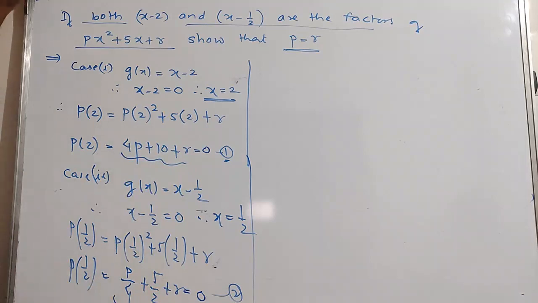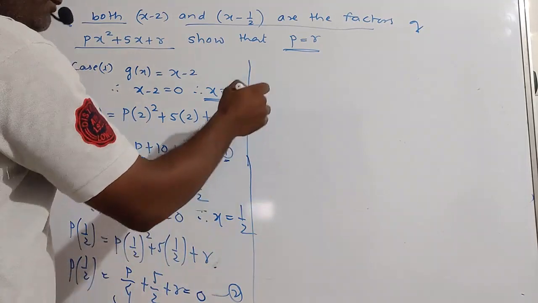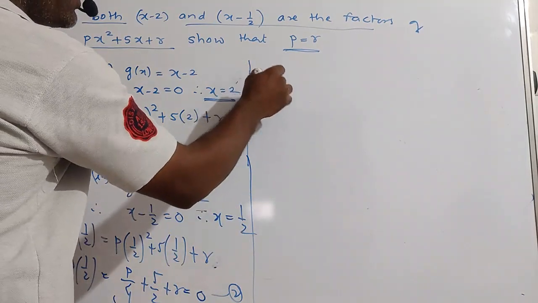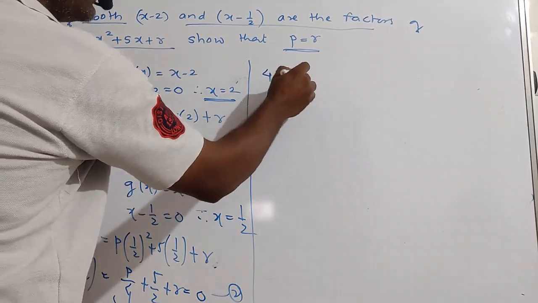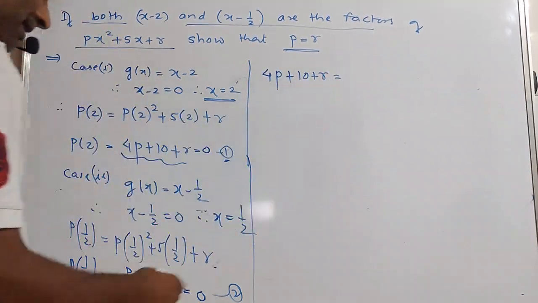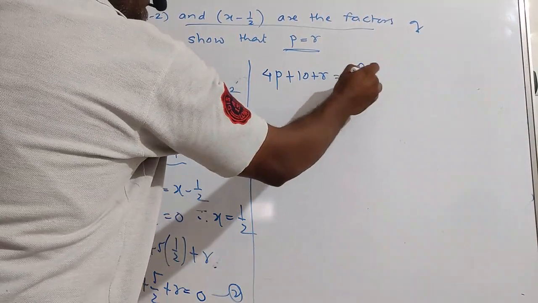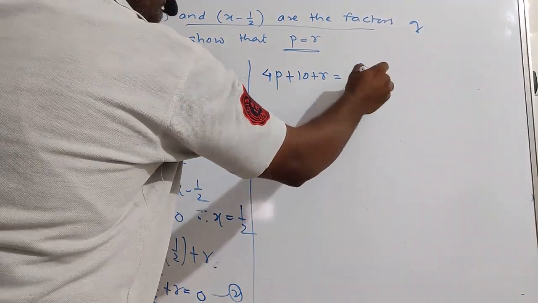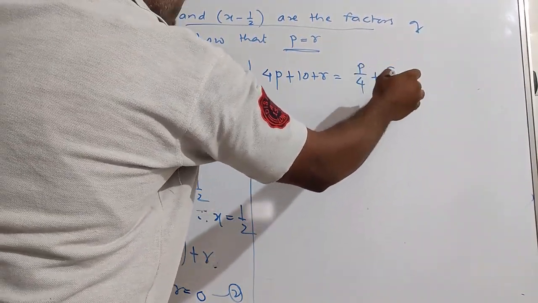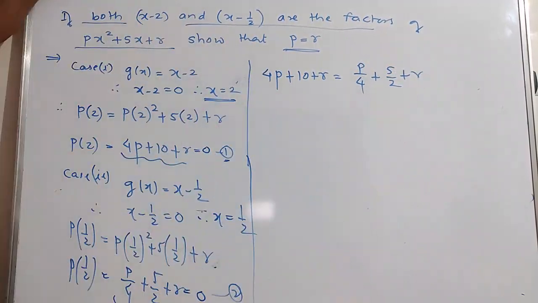Okay. And so by comparing 1 and 2, I'll get 4P plus 10 plus R is equal to P by 4 plus 5 by 2 plus R. Okay. Now we have to simplify this.